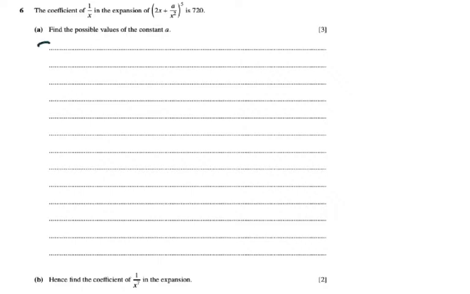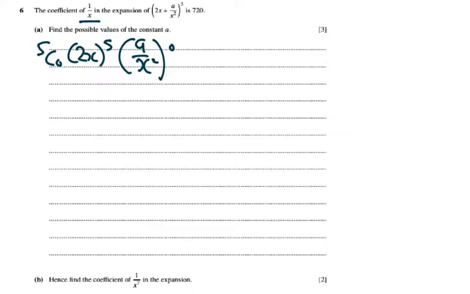First, 5c0 is 2x to the power of 5, and then a over x squared to the power of 0. They want the coefficient of 1 over x, and I don't think we get it here.